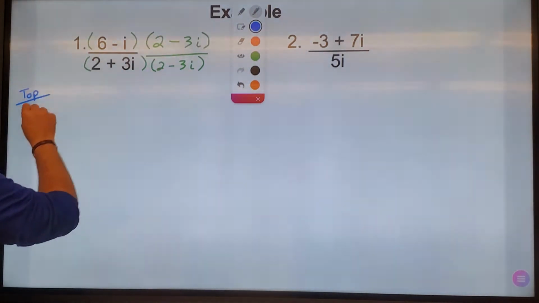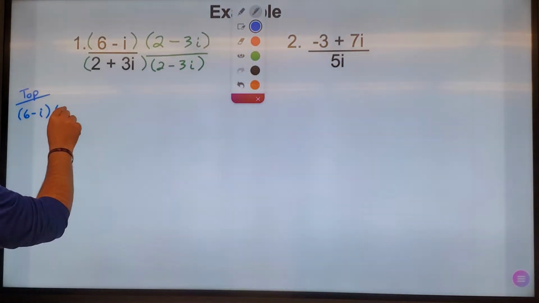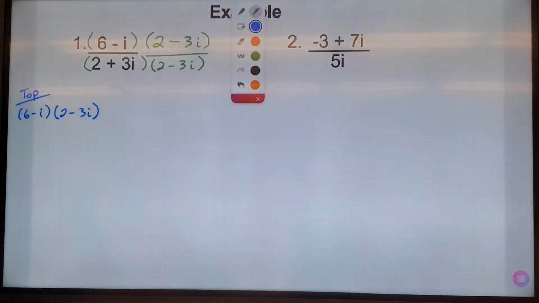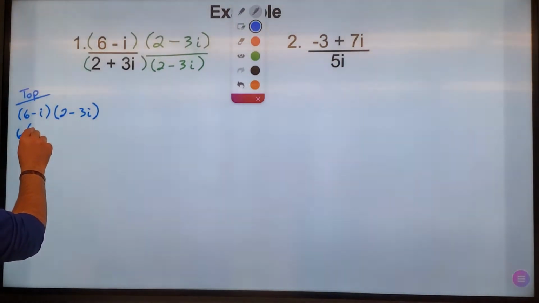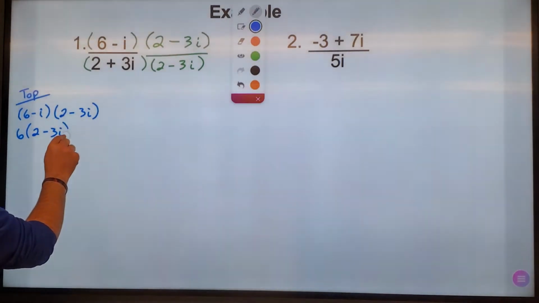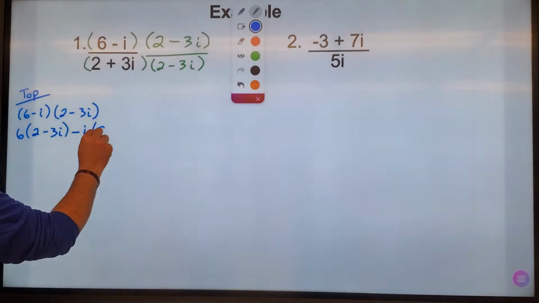And then take these two and multiply. So I have 6 minus i times 2 minus 3i. Again, I'm going to use the distributive property because I have the ability to do so. So 6 times 2 minus 3i minus i times 2 minus 3i.